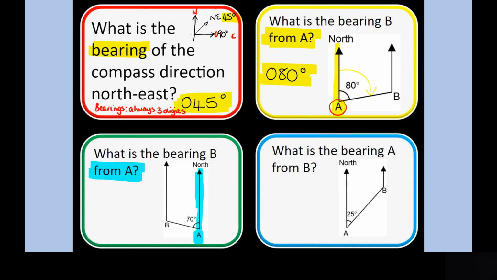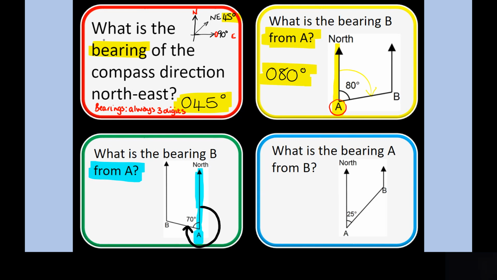we're being asked for, what is the bearing of B from A? A is on the right hand side this time, so what we're actually going to do is we're working around this way, but we keep going until we meet our direction line. There you go.